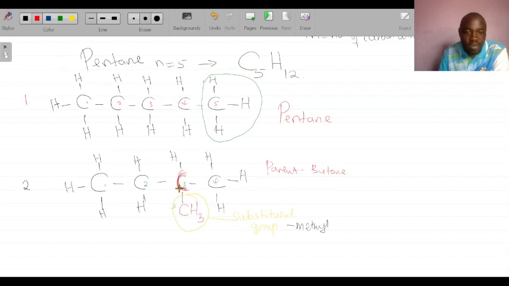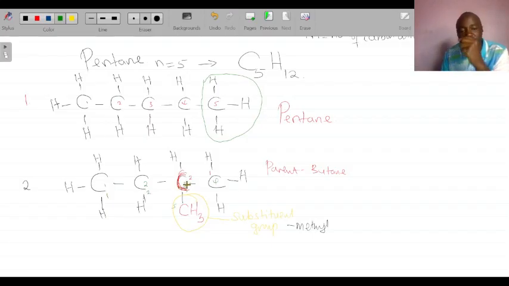And what is the position of this carbon? Carbon number 1, carbon number 2. That is from my right hand side. From our left hand side, it is carbon number 1, carbon number 2, carbon number 3. So we have 2 and 3.